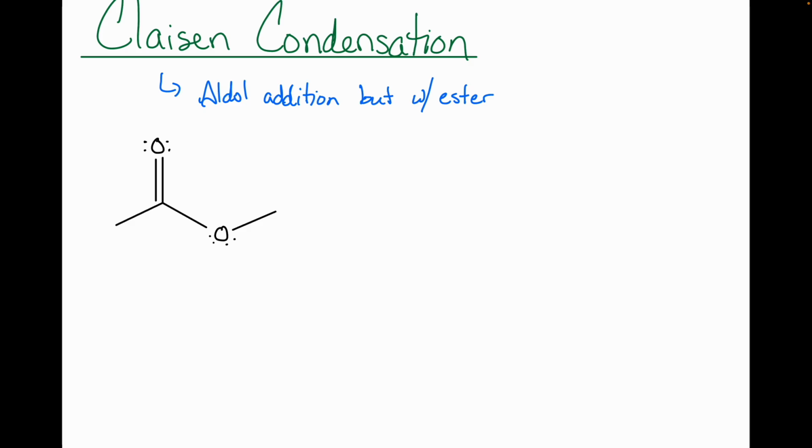So this would be an ester here. This Claisen condensation is also catalyzed under basic conditions, and for right now, I'm just going to leave it as base. We'll talk specifically about the base that gets used in these reactions in a second.